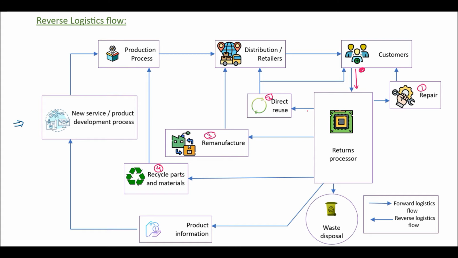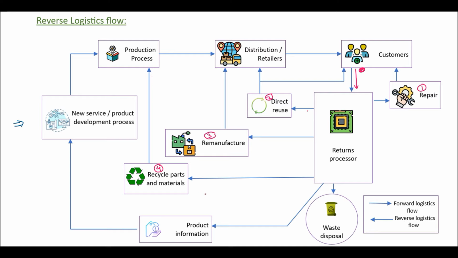The components or the product can be recycled and resent to the production process as raw material. While the first three we saw could be sent either directly to the customer or to the distributor or retailer, the recycled part needs to be sent to the production process so that it can be used as a raw material.